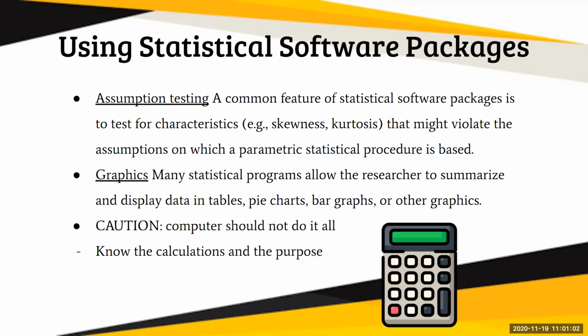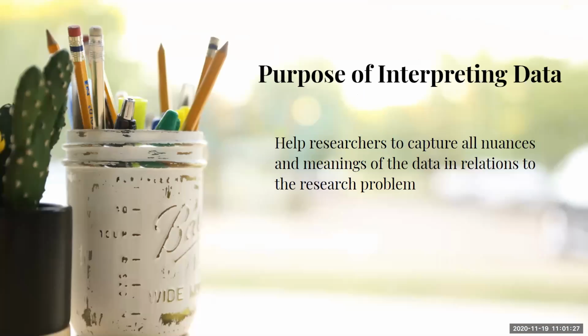Many statistical programs allow the researcher to summarize and display data in tables, pie charts, bar graphs, or other graphics. But remember that computers should not do it all. You as a researcher should know why you are doing the calculations, the purpose of it, and how to include the statistics and the calculations in your research in your own way.